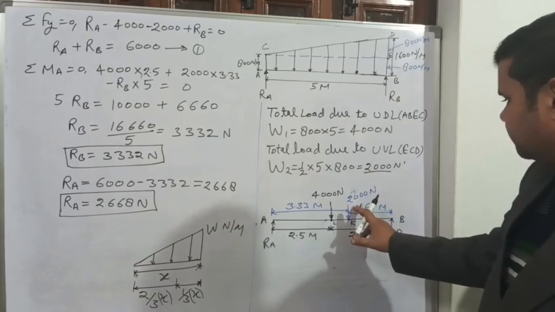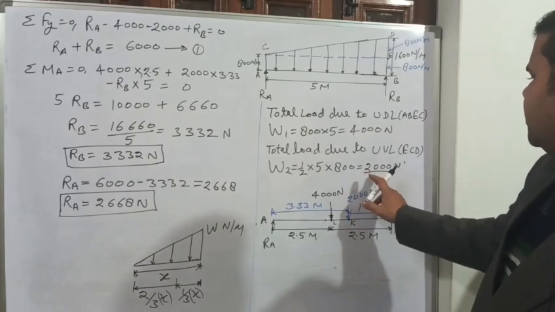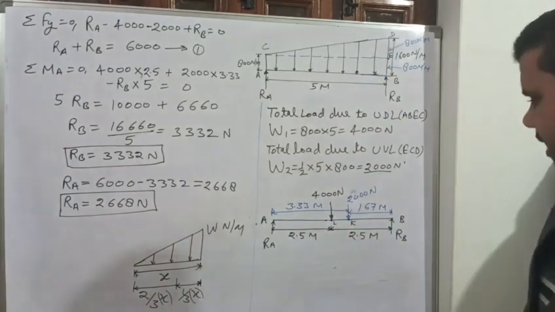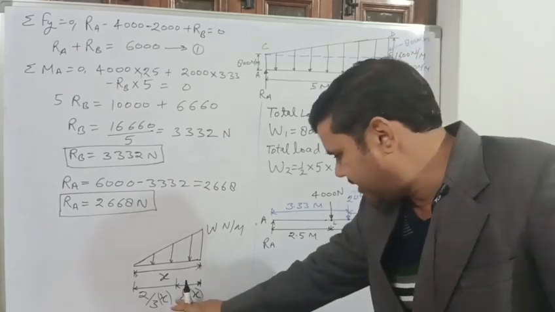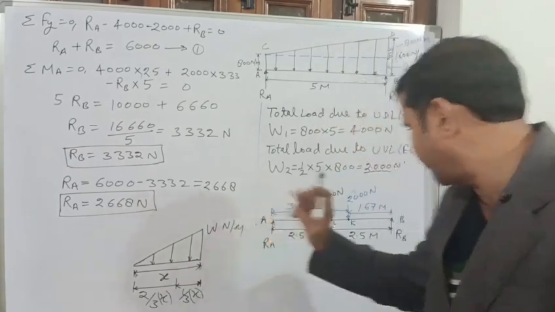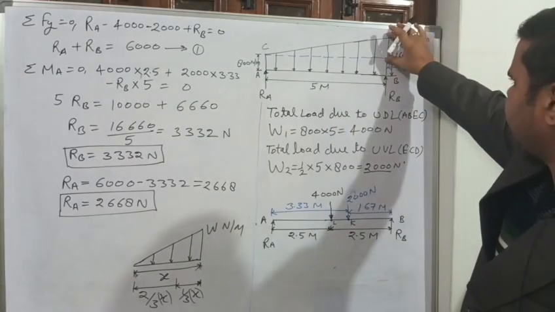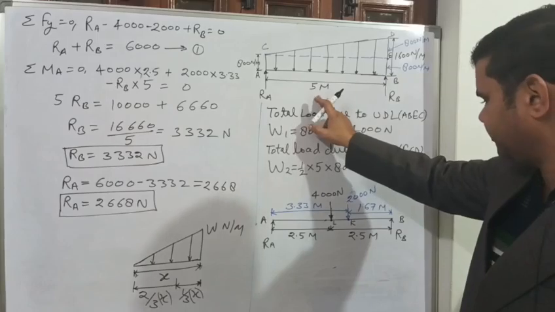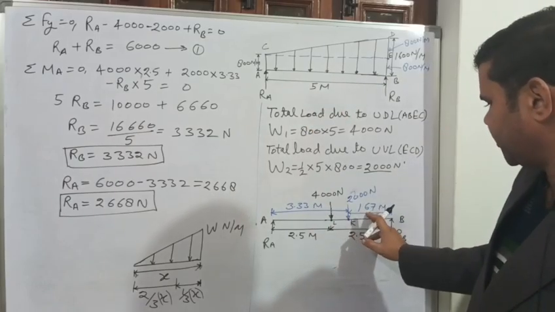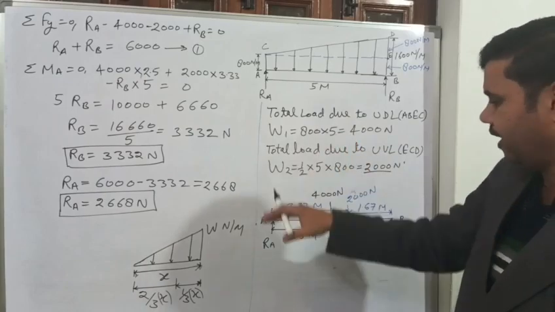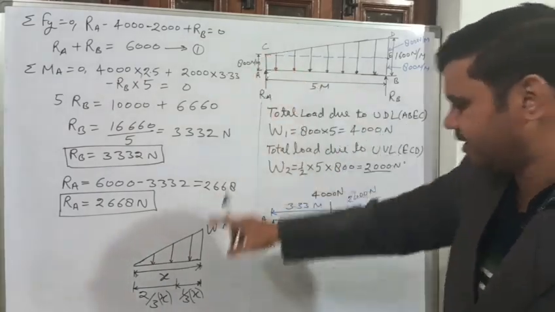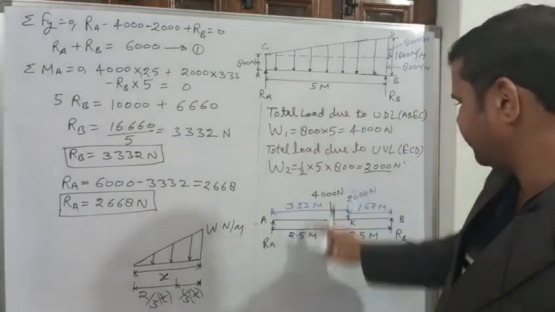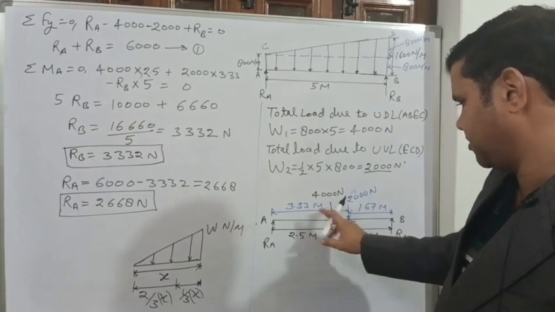Now this is 2000 Newton calculated here. This is the uniformly varying load, and as I told you, 1/3 of x from the maximum intensity end. So this is the maximum intensity end, right. From this, 1/3 of 5 will be 1.67 meter, and 2/3 of x from the zero intensity end, 2/3 of 5, will be 3.33 meter, right.